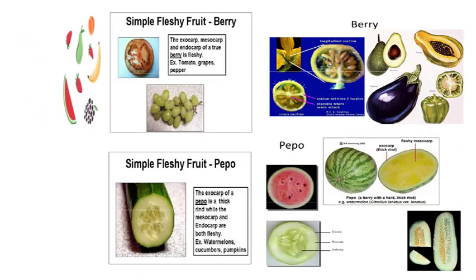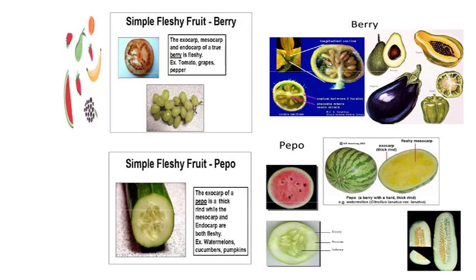So the next type of simple fleshy fruit or succulent fruit is berry. These fruits are indehiscent and many-seeded fleshy fruits in which mesocarp and endocarp form pulp.